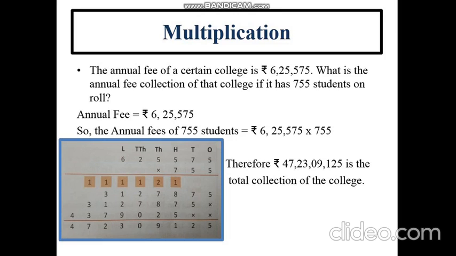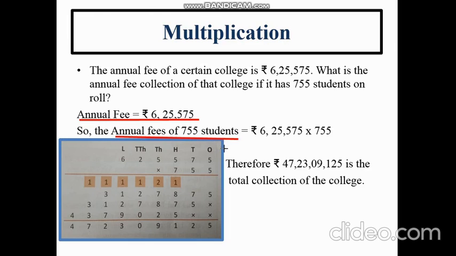Next is multiplication. In multiplication, if continuous addition takes place, then we need to multiply. Let me give an example to you. The annual fee of a certain college is 6,25,575. What is the annual fee collection of that college if it has 755 students on the roll? As I told you, the first thing is to jot down what is given.